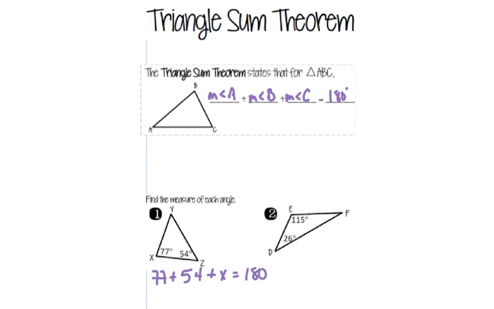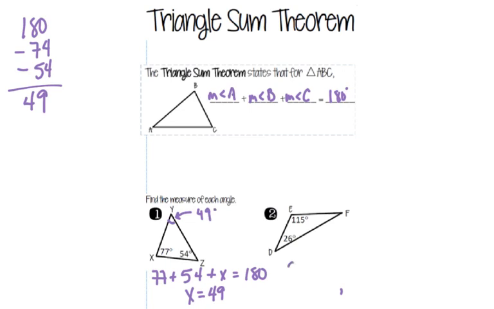You can solve this like an equation with your calculator, or you can do 180 minus 74 minus 54, and you will get 49. So here, x equals 49. So this angle right here, the measure of angle y, would equal 49 degrees.